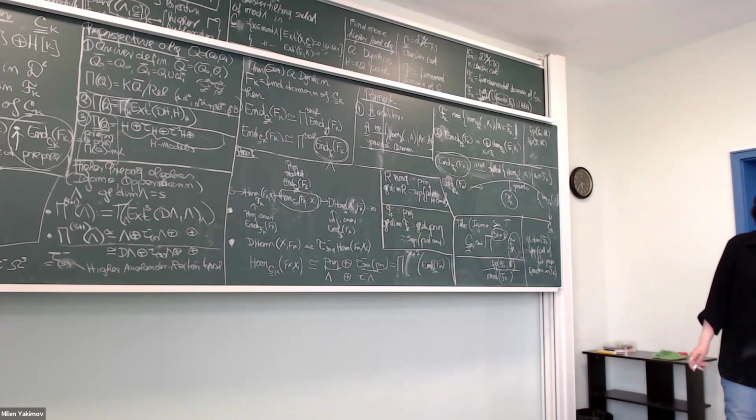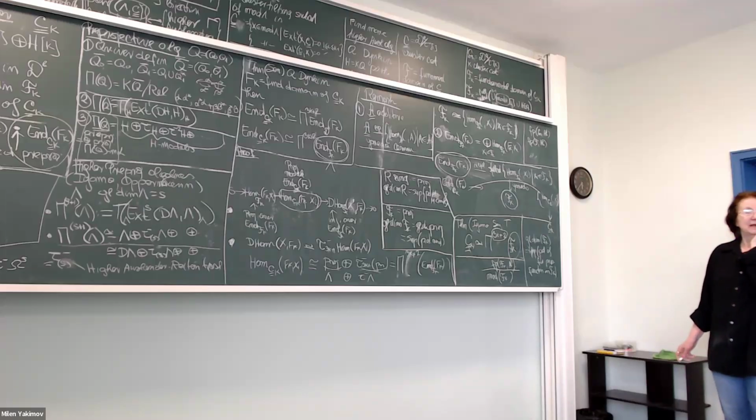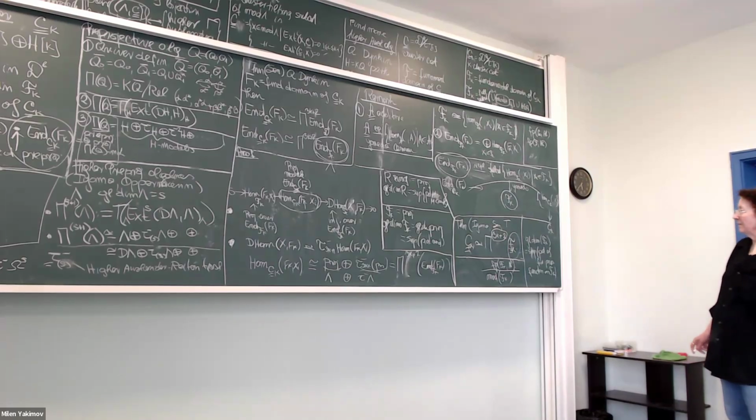And you embed FK into this gadget via the Yoneda embedding, and this is an abelian category. So what's the role of that abelian category in the theorem? Somehow you don't really work with this abelian category, or it's implicit.